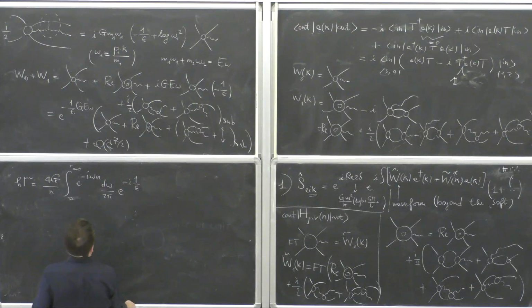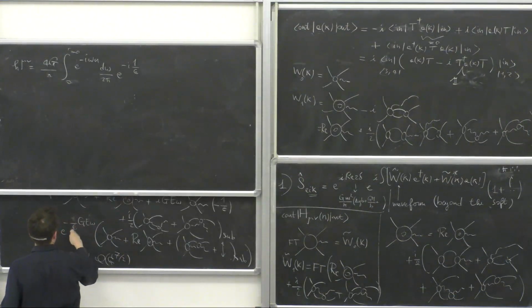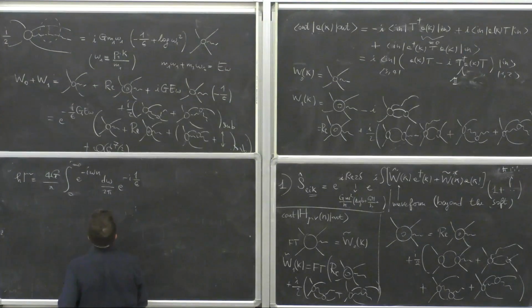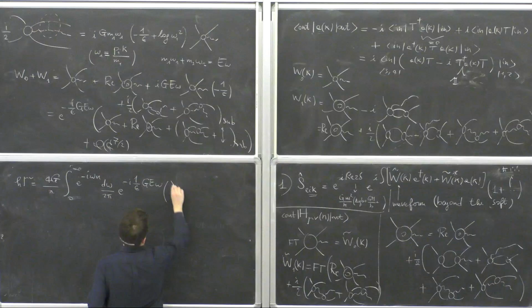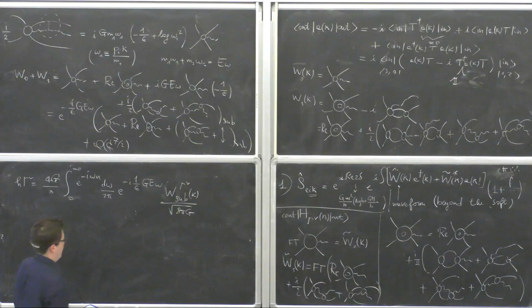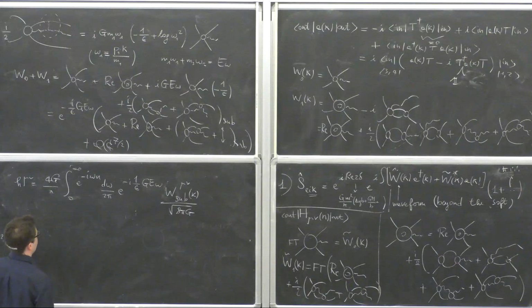Yeah, there is also an I. And then let me define this as W sub. And then you see somehow what this infrared divergence is telling us, and with this I think I can conclude.